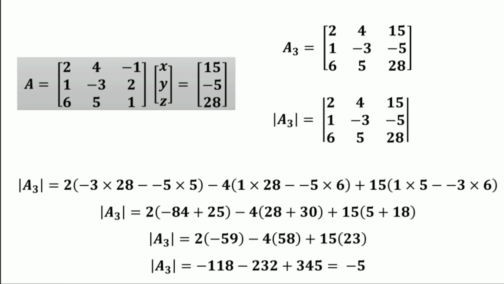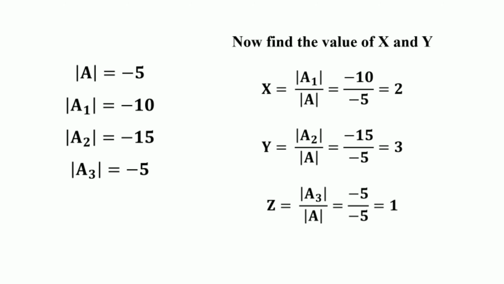After forming it, we have to find the determinant value of A3, and I am not going to explain once again how to derive the determinant. The determinant value is equal to minus 118 minus 232 plus 345, which is equal to minus 5. So the determinant of A3 is equal to minus 5.